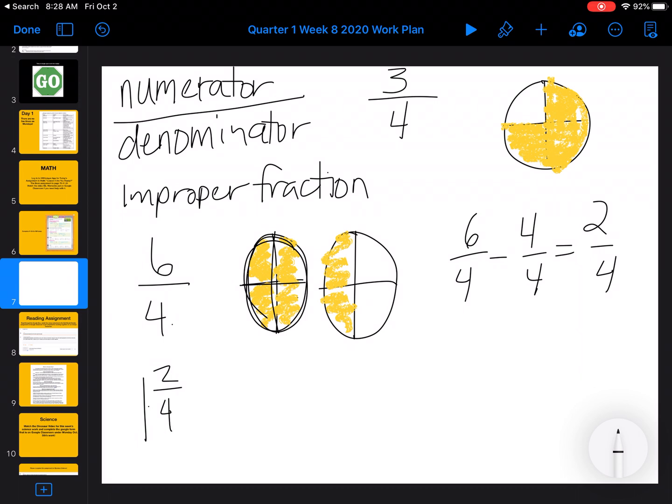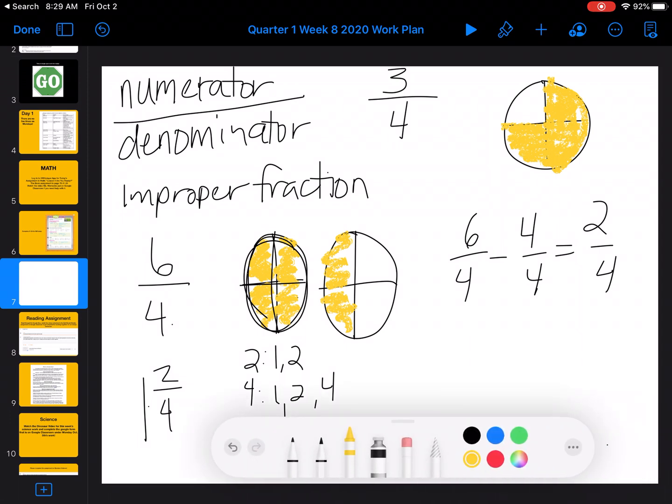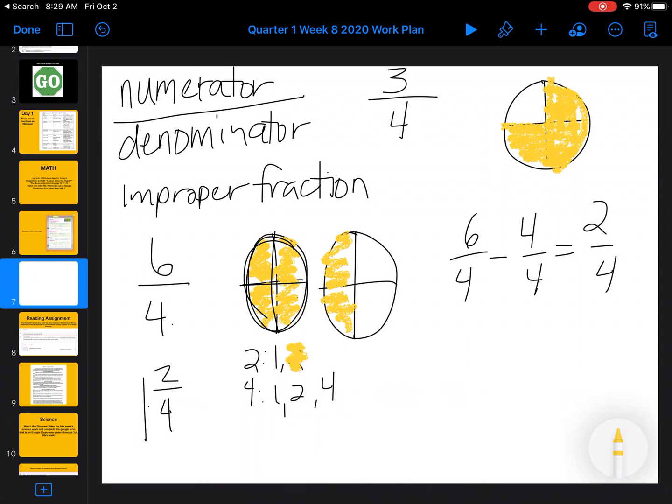However, 2/4 is not simplified or reduced. So you would find the GCF, or the greatest common factor, of 2 and 4. I know the factors of 2 are 1 and 2, and the factors of 4 are 1, 2, and 4. So the greatest number that they both share is 2.